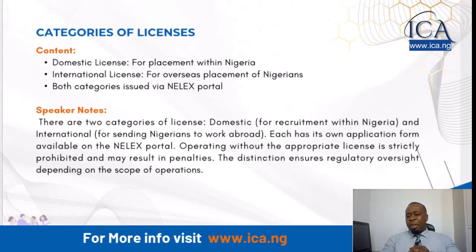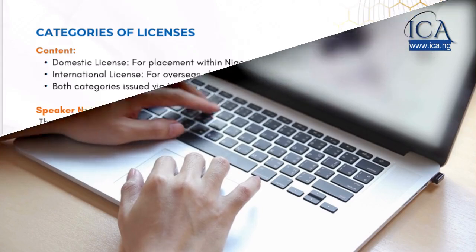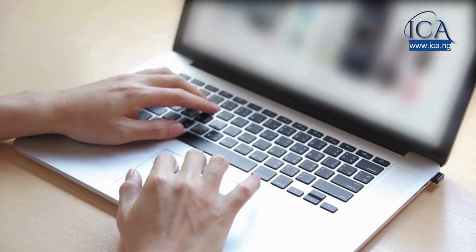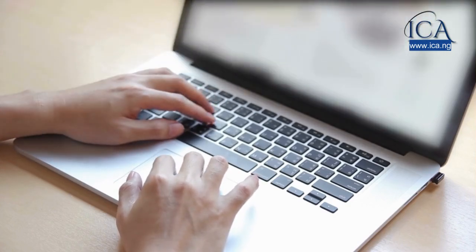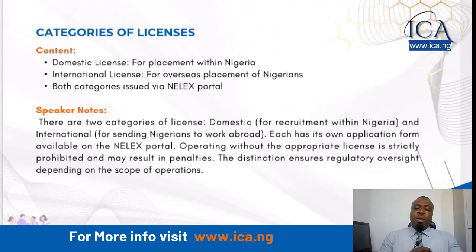So when you are making an application, you have to make a decision as to which of these licenses you are going for. Each one has its own application form available on the NELEX portal. That's the registration portal of the Ministry of Labor.